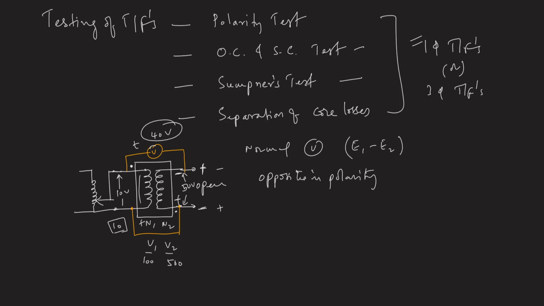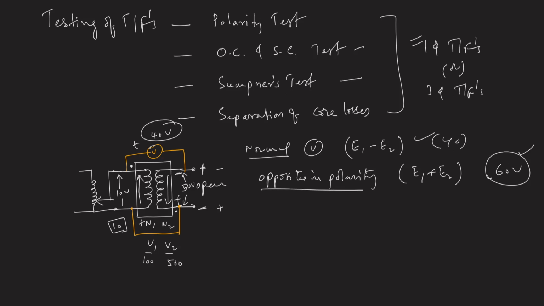This phasor is like this and this phasor is like this, so the voltmeter reads the sum of these two voltages, that is E1 plus E2. The reading will be 10 plus 50, 60 volts. Based on these readings, you come to know whether the polarity is proper or improper.